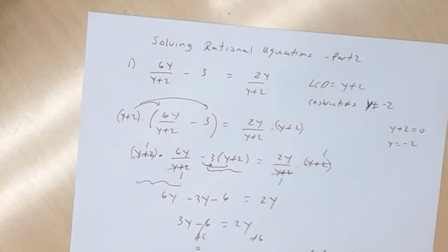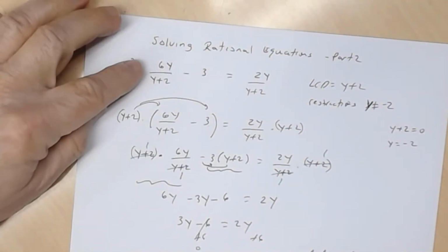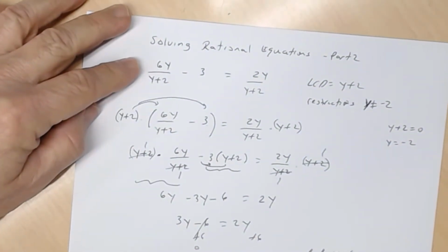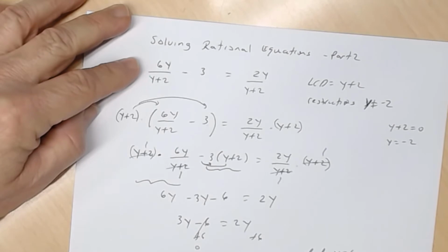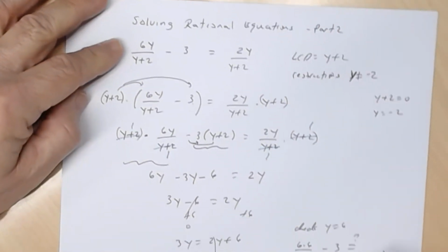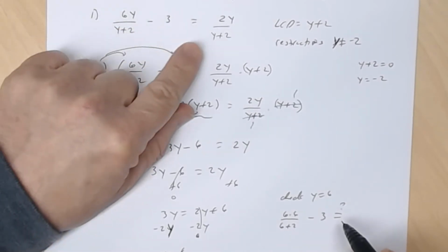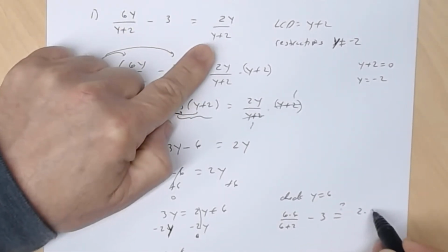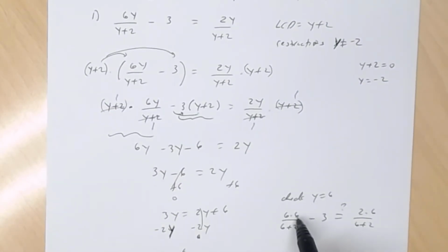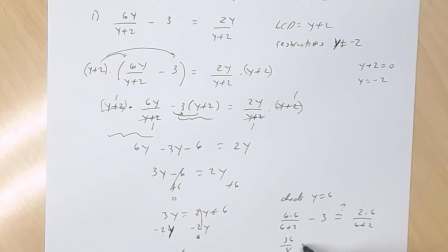All right, so if I go back, and wherever I see y, I substitute 6. So I get 6 times 6 over 6 plus 2 minus 3. And I want to see if that's going to equal 2 times 6 divided by 6 plus 2. All right, well, 6 times 6 is 36, right? 6 plus 2 is 8 minus 3.